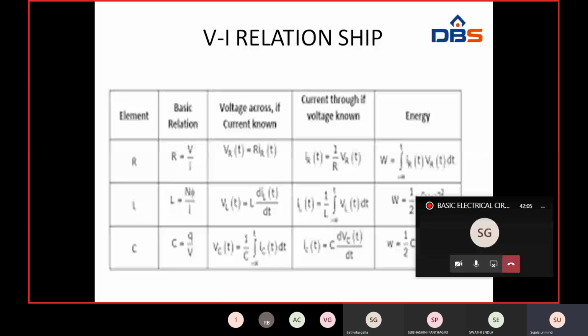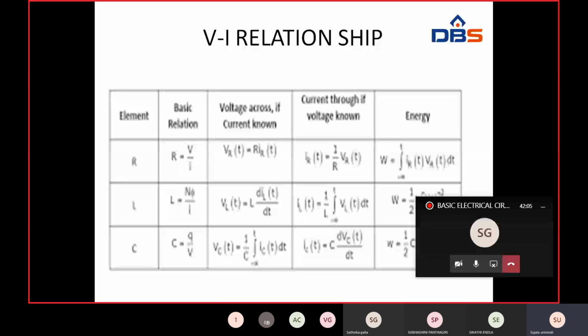So first V1, this is minus downwards and plus upwards. That means rise of potential, minus to plus. If plus to minus is there, then it is a drop of potential. When it is a rise of potential, put a positive sign.